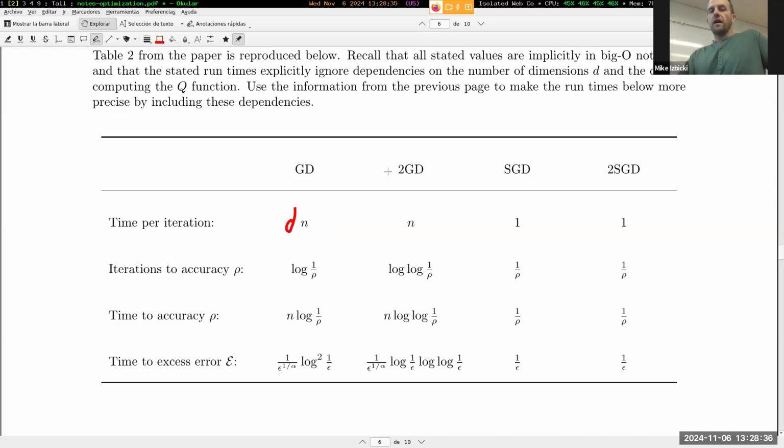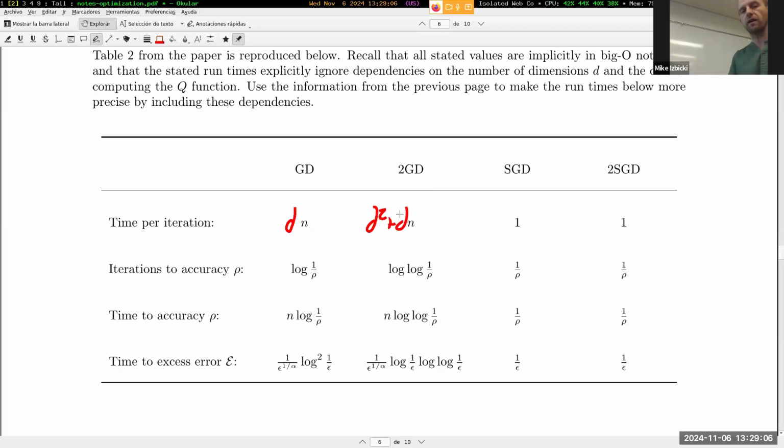That was different in the 2GD world, where we had this matrix vector operation, this BLAS level 2 operation, and this took time D squared plus D times N for our second order gradient descent. One of the intuitions we talked about with our pictures is that this is a much bigger quantity.